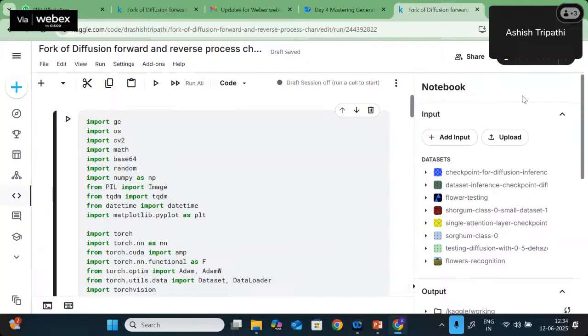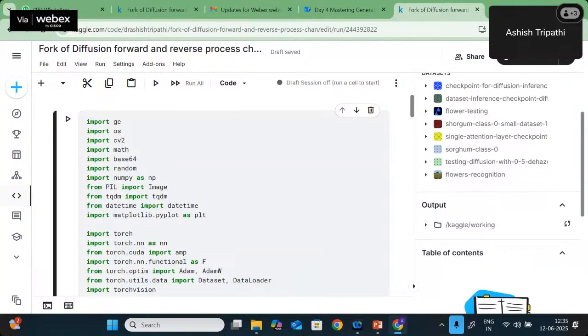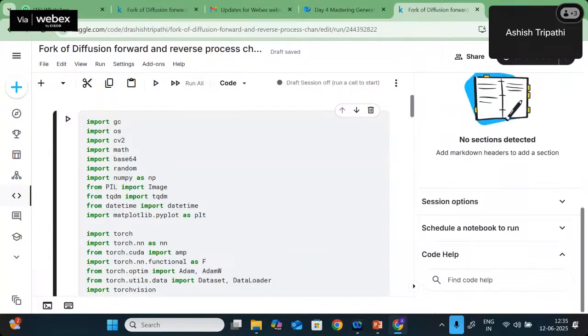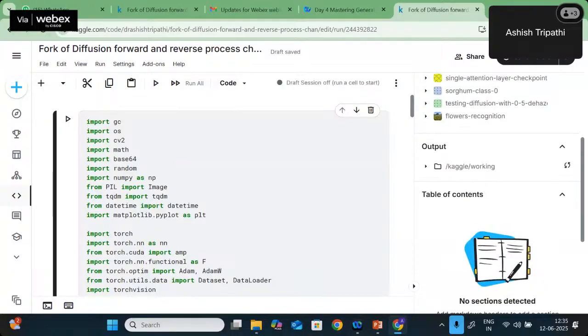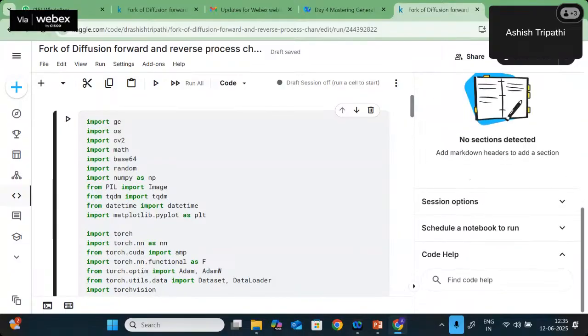So you have to click on it, and on the right hand side you will get a link to edit my own copy. Just click on that to edit your own copy. And one more thing, if your internet option is not on, turn it on.